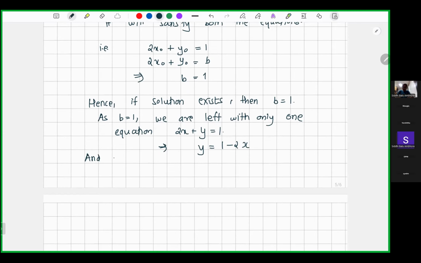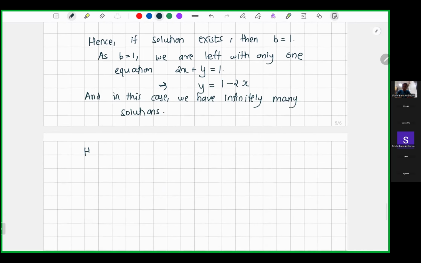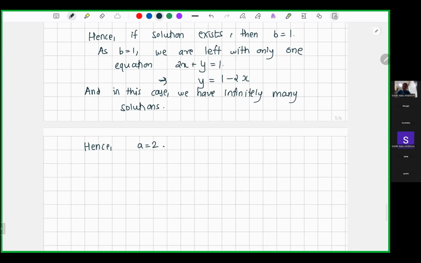So what is the condition here? When A is 2 and B is 1, the system has infinitely many solutions.